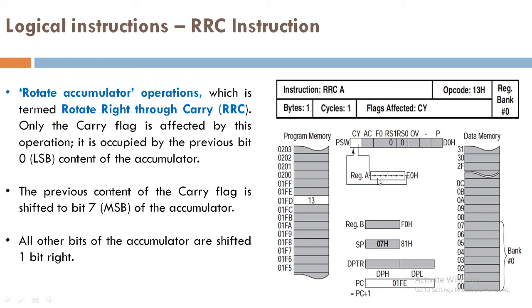And again, if you put this in a loop, you will be able to rotate the data on the right hand side, provided it is rotated through the carry flag. We have to remember one thing: this can only change the content of the carry flag, no other flags get affected. So it is just the reverse of RLC.